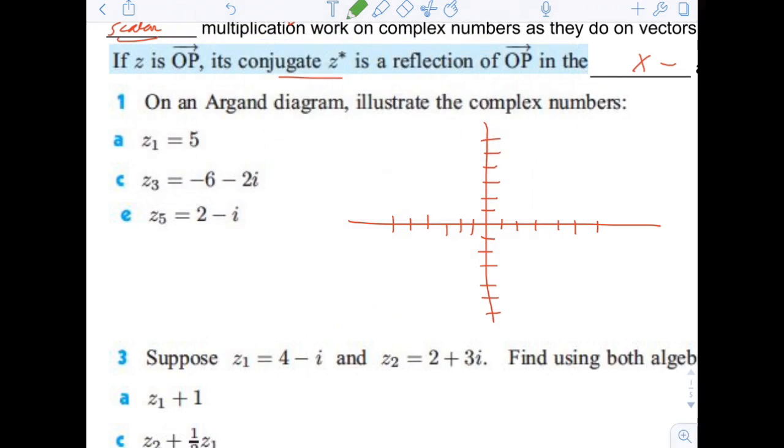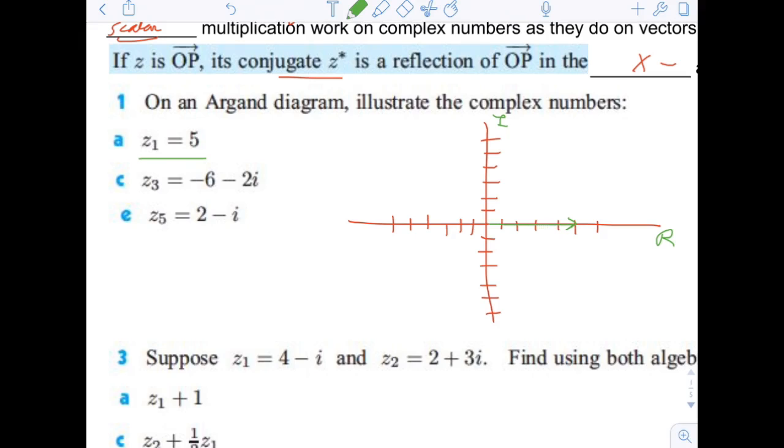So first let's do the vector z1 equals 5, and that is a vector which only has a real part. Remember, the real part is in that direction and the imaginary part is in that direction. So if it's 5 units in the real direction, then it would be 1, 2, 3, 4, 5.